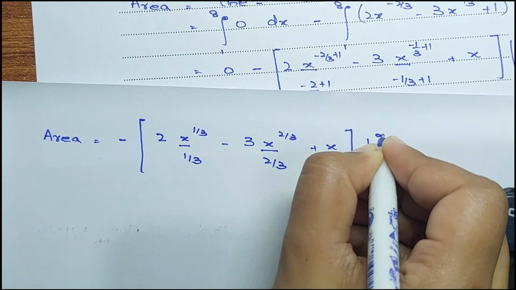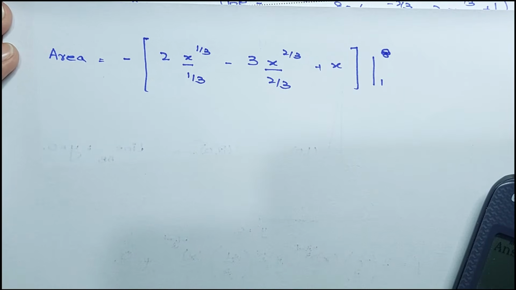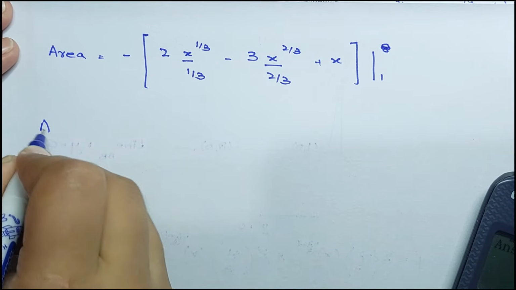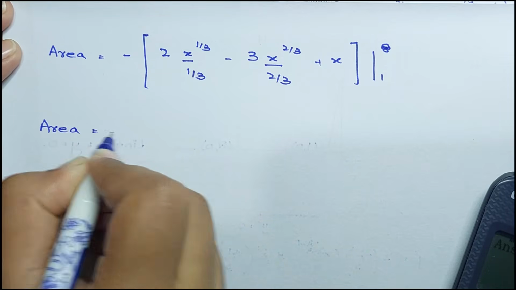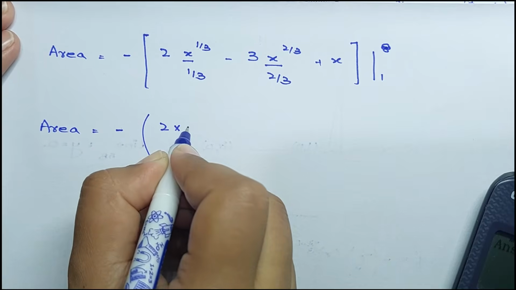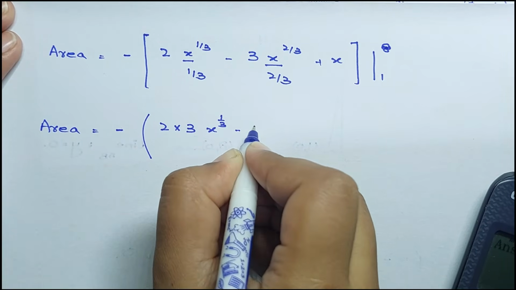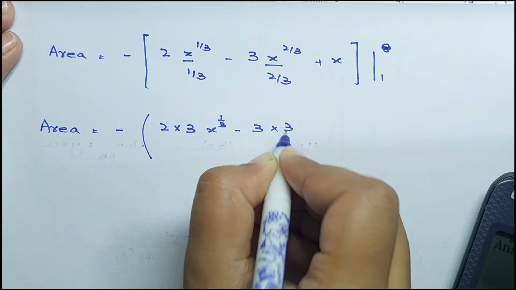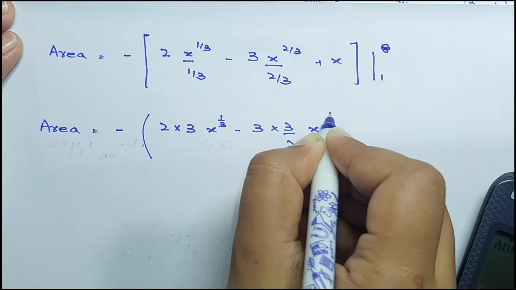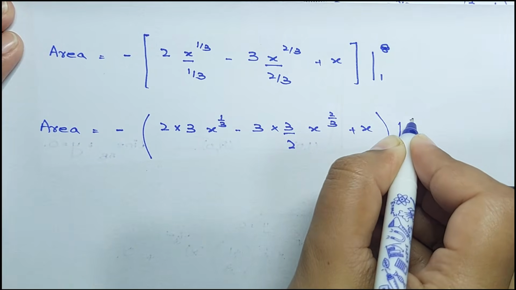The limits are 1 to 8, sorry, not infinity, it's 8. Okay, further simplification: area is going to be minus 2 times 3 over 1 is just 3, x power 1 by 3, minus 3 times 3 by 2, x to the power of 2 by 3, plus x, 1 to 8.